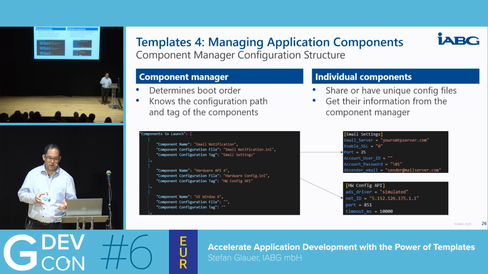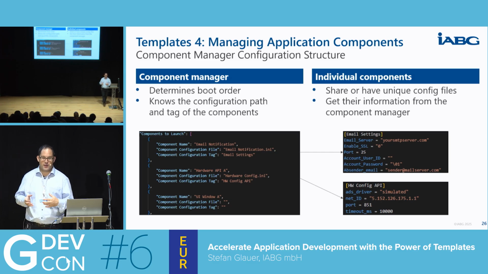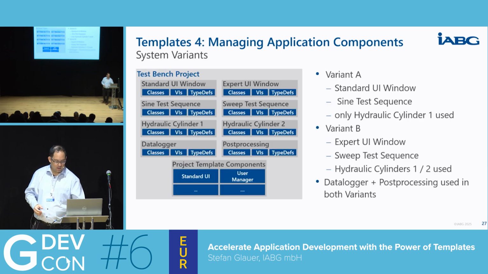To do this, one thing what we did is for all configurations, we have just one folder. So the component manager configuration file is on the same level as the individual component configuration files, and so the paths are all relative.